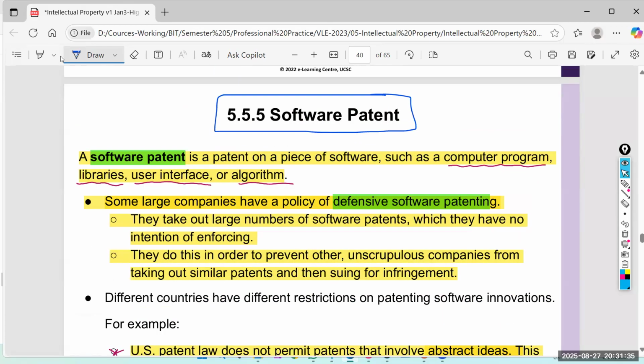So when it comes to software patents, there's another concept called defensive software patents. Now remember, when you have an innovative idea, concept, or design, you need to go and get the patent. If you delay, and someone else applies for a patent before you, they get the patent. Then it is your idea, you never got the patent, but other people copy your idea and they get the patent. Now you can't use your idea. So getting a patent is not just about getting the monopoly.